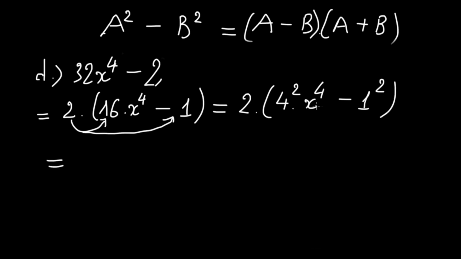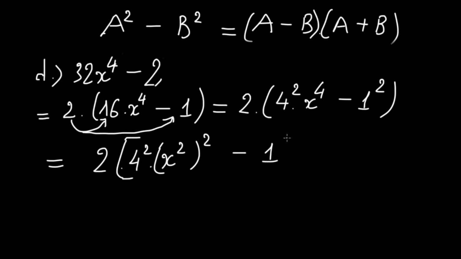Now you can see 4 squared, you already have it here. x to the fourth, you can put it like this, 4 squared right here. You put 2 outside, 4 squared, x squared, all of it squared. And this is x to the fourth, right? Minus 1 squared, right? And 2 right here.